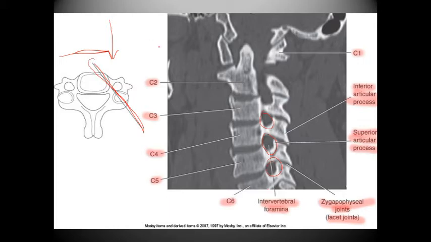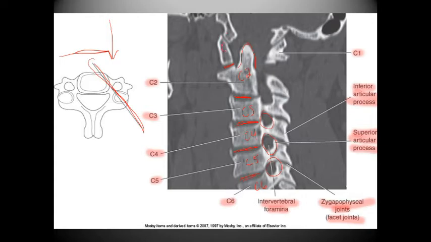So with that being said, we have the odontoid process here of C2. We're going to say this is C2, 3, 4, 5, and C6. We do have disc here, here, here, here, and here.